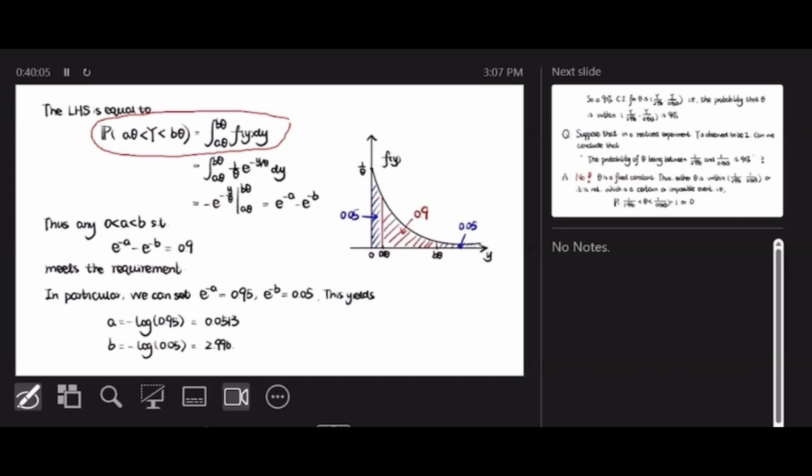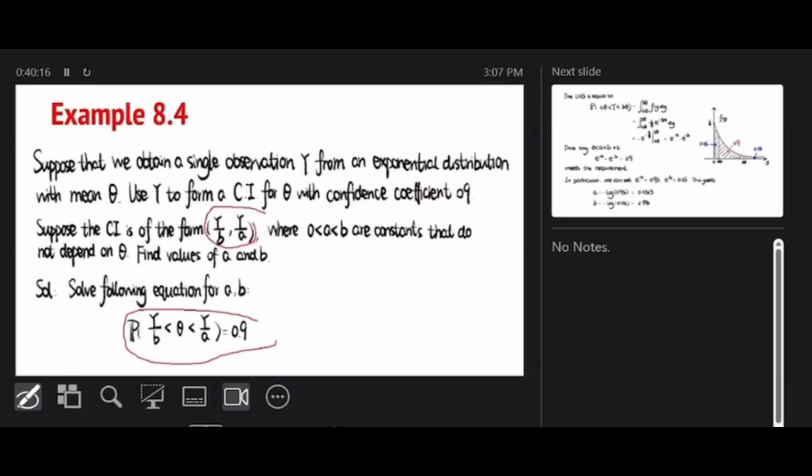Now, take a look at this. That is the probability distribution of the exponential, because you've been told, look at the example: suppose that we obtain a single observation y from an exponential distribution.